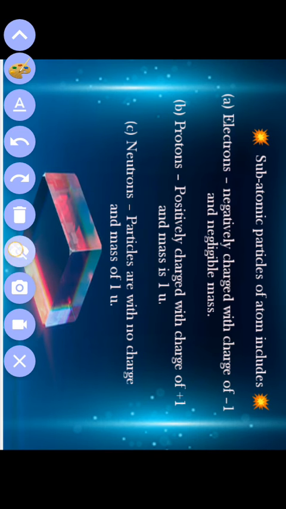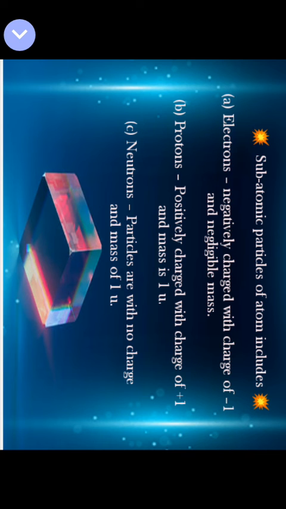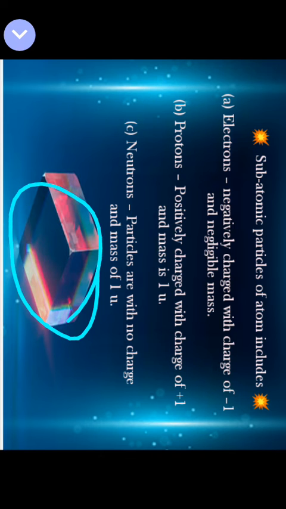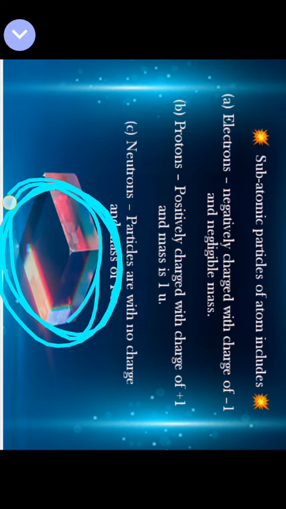So let us see the positions of the electrons, protons and neutrons in an atom. I have told you, an atom consists of a sphere-like structure. In that, the orbit of the atom is simply your electrons.